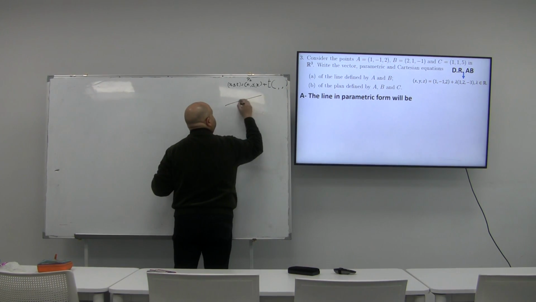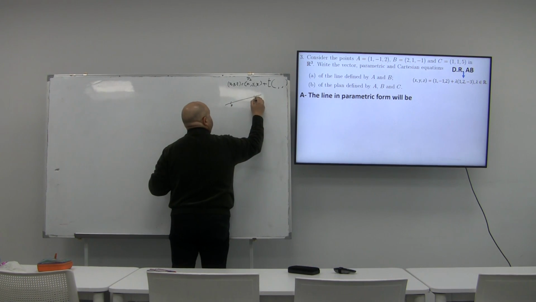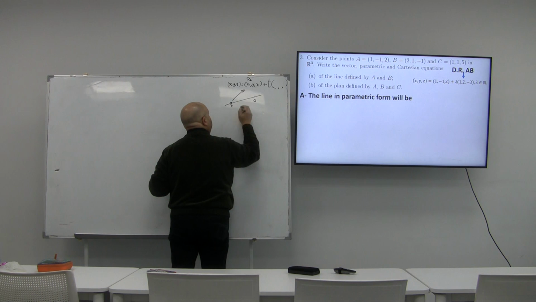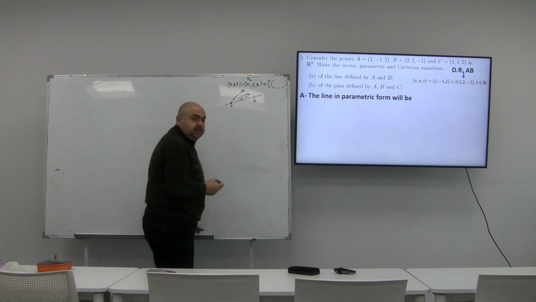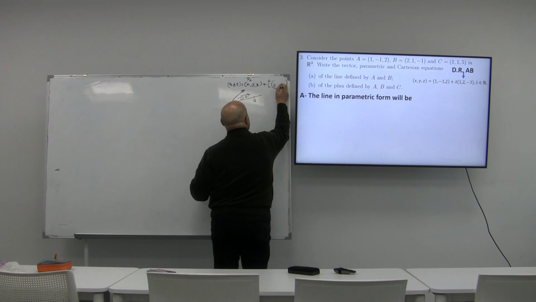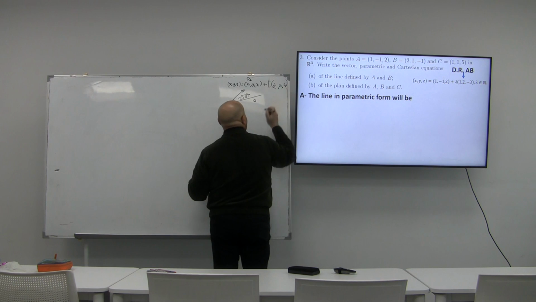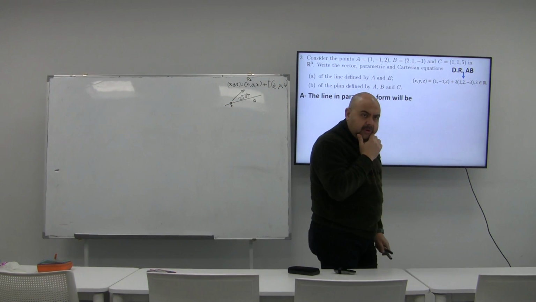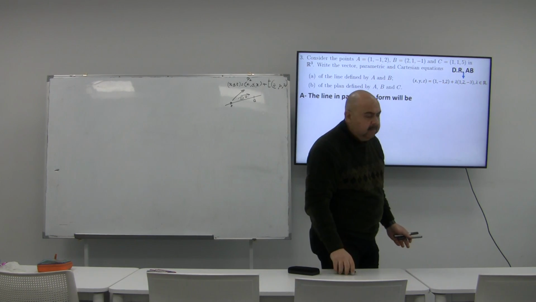So if this is A and B, I will use point A, which is point number 1, then I will get a direction ratio in the direction of this straight line, which will be written here, let's say A1, A2, A3. The question, once more: how to get a direction ratio between 2 points? Just get the difference between them, okay?